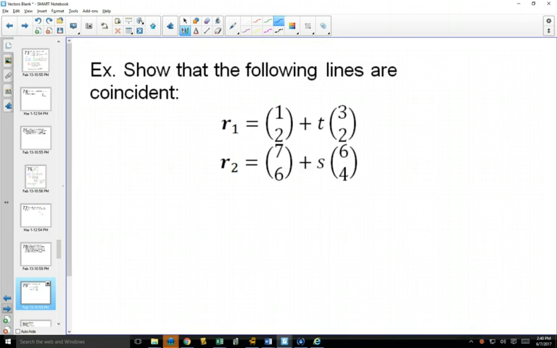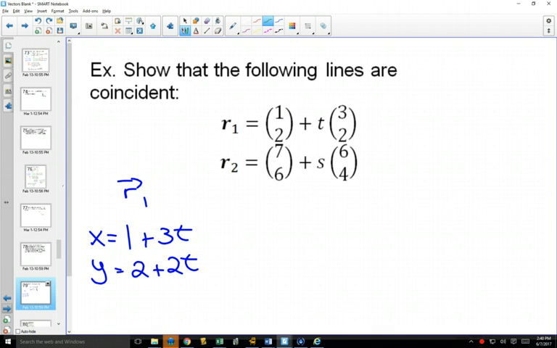So if, again, color coding things, I look at my first equation line, my x coordinate will be 1 plus 3t. My y coordinate is 2 plus 2t. And the second equation, x coordinate is 7 plus 6s. Y coordinate is 6 plus 4s.